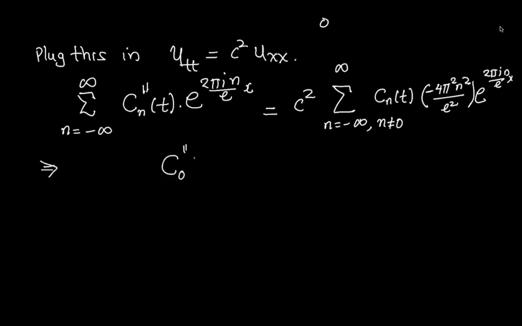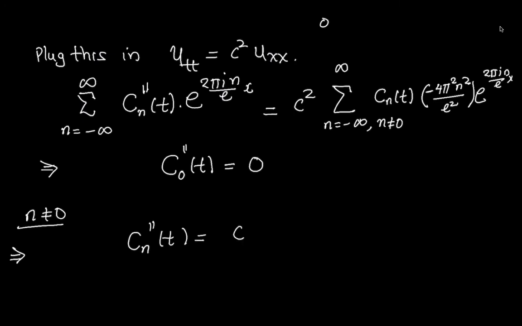The c0 double derivative with respect to time t is going to be 0, which is not important to us. But when n is not equal to 0, if you compare the coefficients, it is going to be c_n double prime of t is equal to this one.